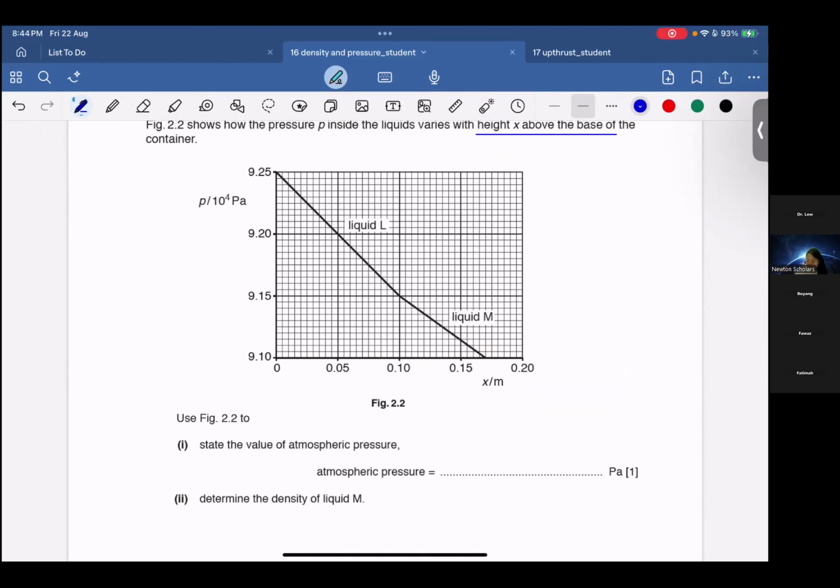Do you know what is your atmospheric pressure?